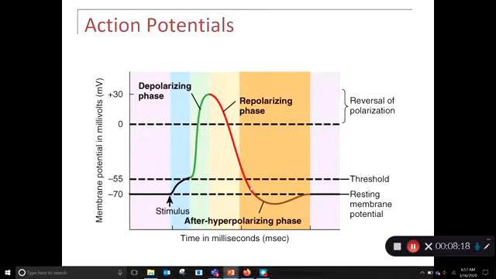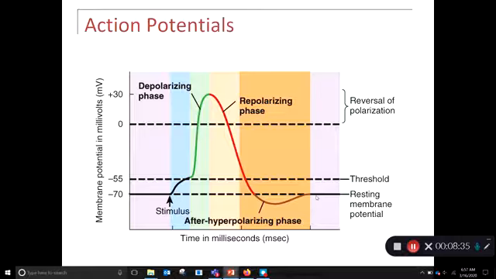And this is all of its glorious beauty right here. A depolarizing event that skyrockets up to plus 30 millivolts, down, back, and then just comes back to reality and comes back to the resting membrane potential.